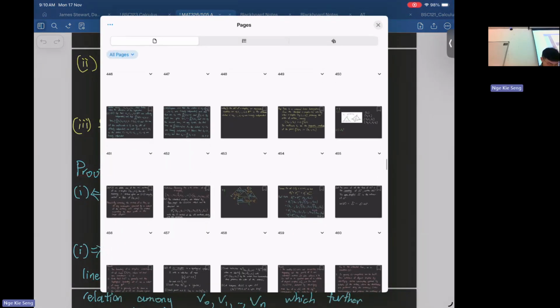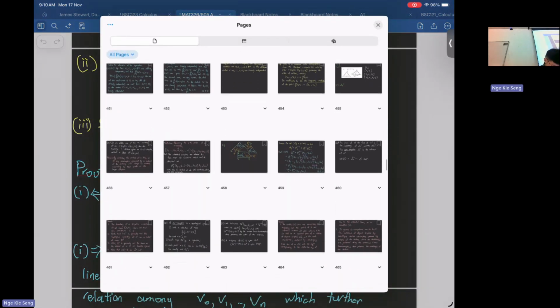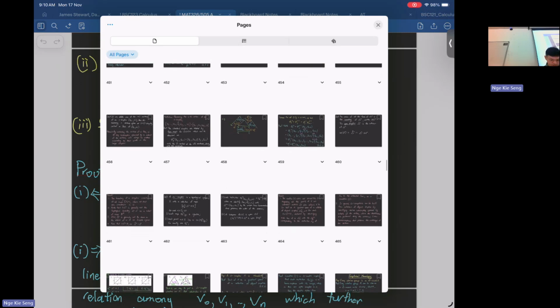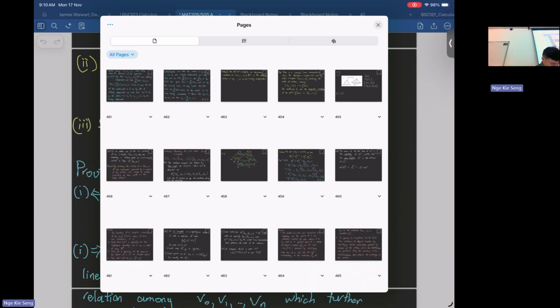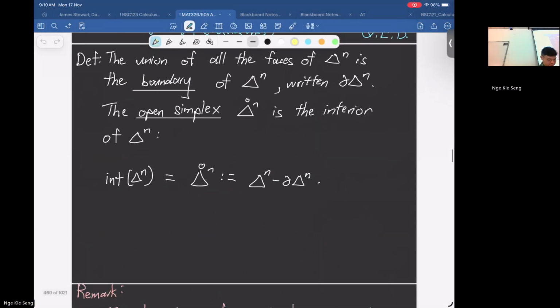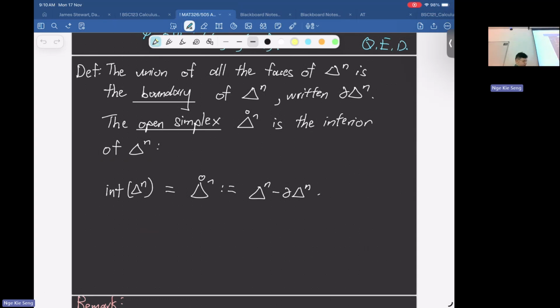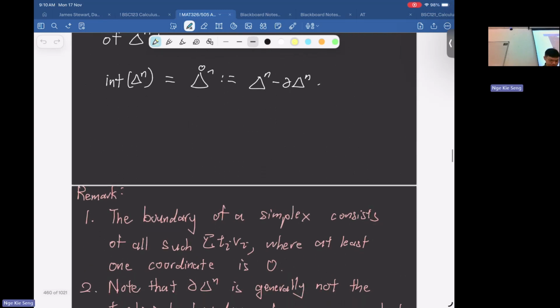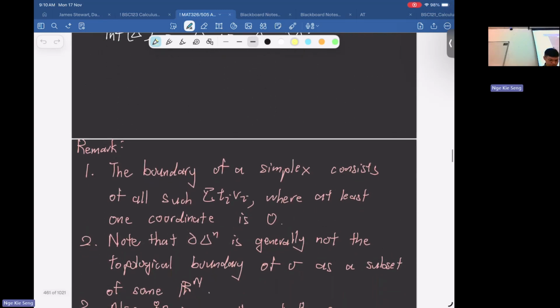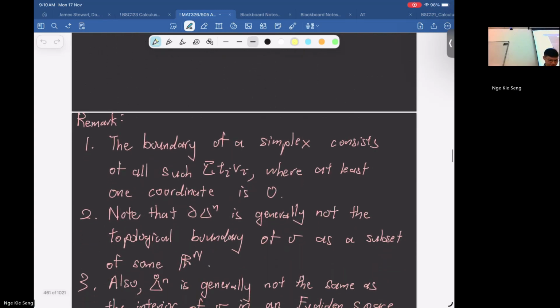Anything I want to update here? I think there's one more, about this open simplex. Last time we had a problem with the point. What's the boundary here?